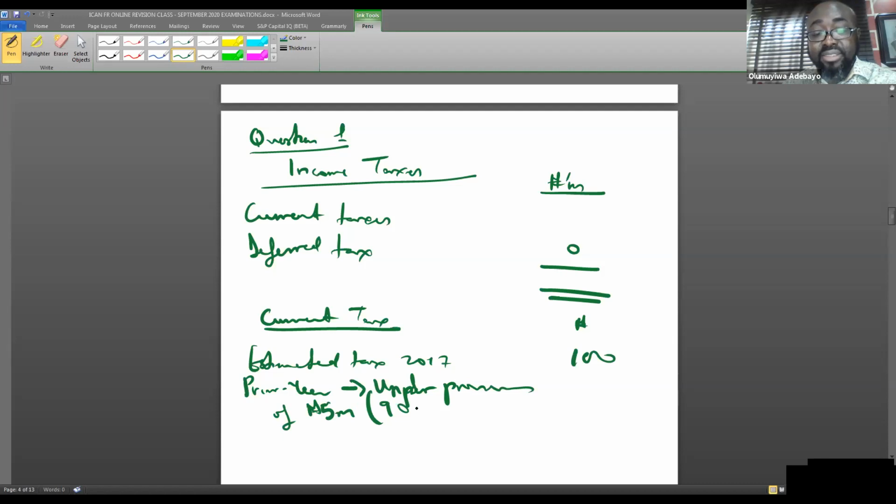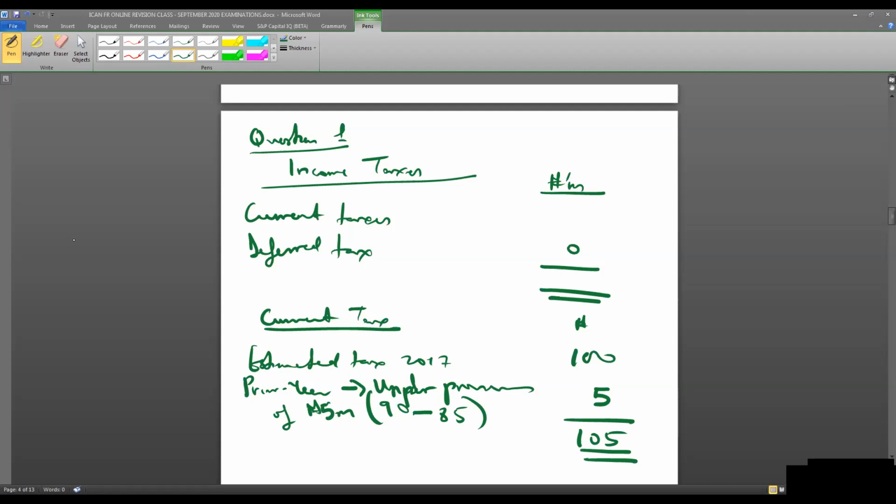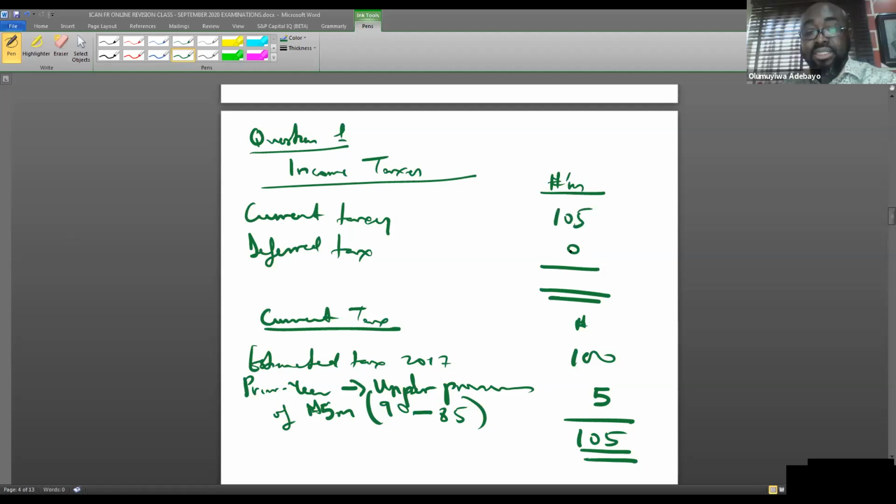Remember, FRS final position was 90, whereas what I estimated was what? 85. Therefore, there's an additional tax arising from last year of what? 5, which give me my current tax for the year to be what? 105, which means my current tax is 105 for the year. And since I have no information about deferred tax, my income tax is what? 105.